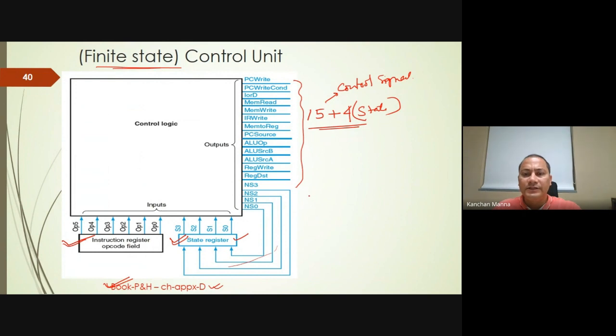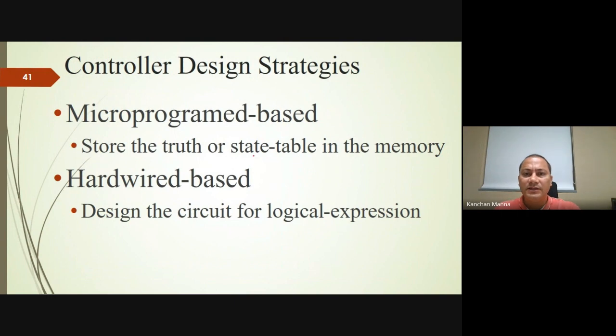Now we'll design the controller. If you remember, in the single cycle based processor we generated the control signals using 2 different ways. One is the microprogram based approach, in which we store the entire truth table in memory and then fetch the control words, or truth values, one after another.